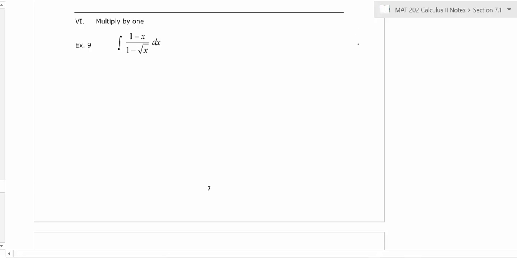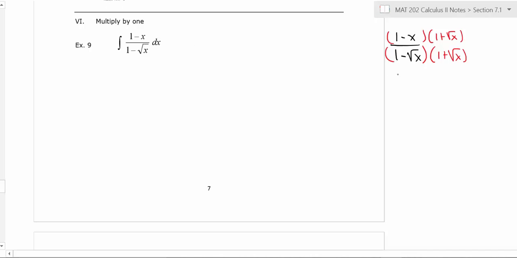So let's go ahead and just work with this at the side. So we've got 1 minus x over 1 minus square root of x, and the conjugate of the denominator, remember, is 1 plus square root of x. We're going to multiply top and bottom by that.